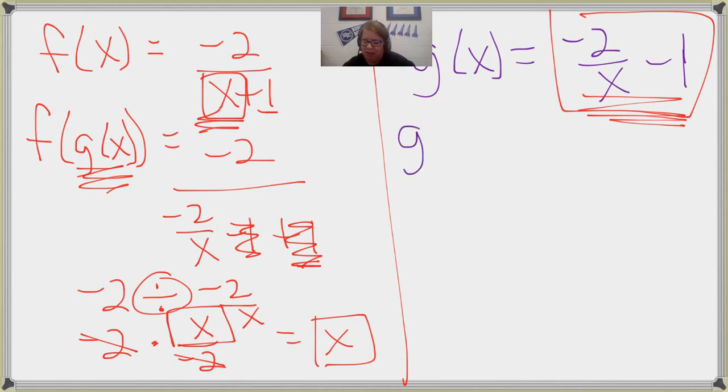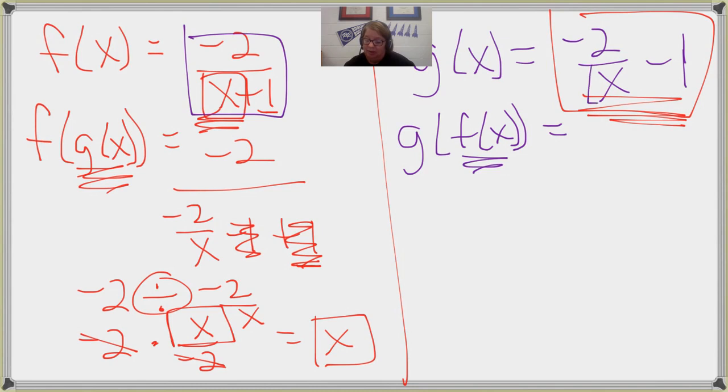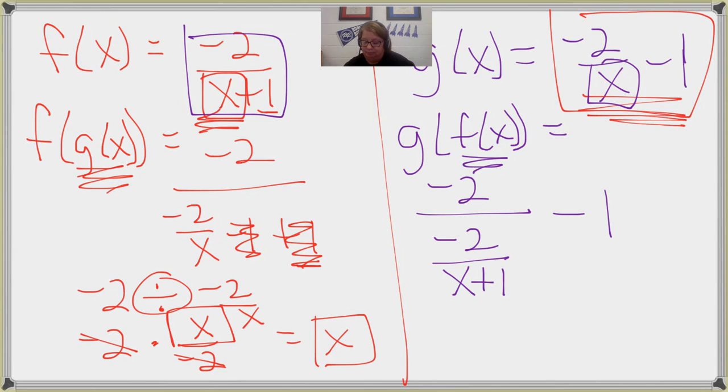Now we need to do g of f of x, which means we're going to start inside the parentheses and take this, which was -2 over x plus 1, and plug it in here. So start with this -2 on the top, replace the x with -2 over x plus 1, and then a minus 1.